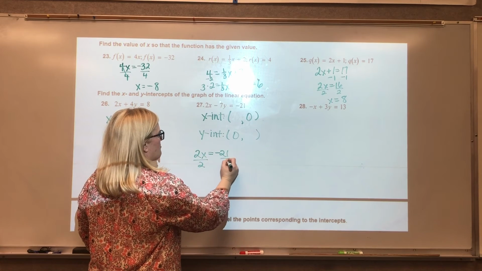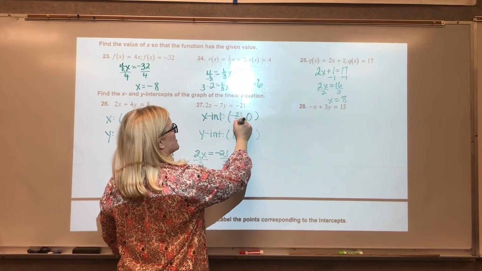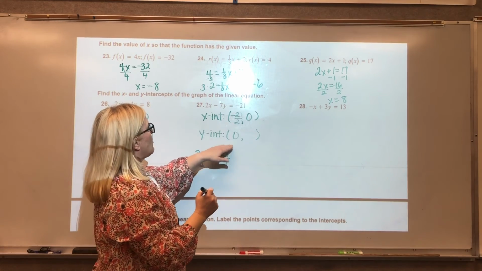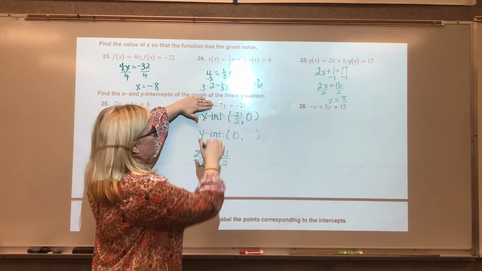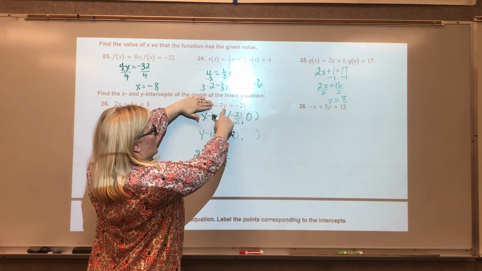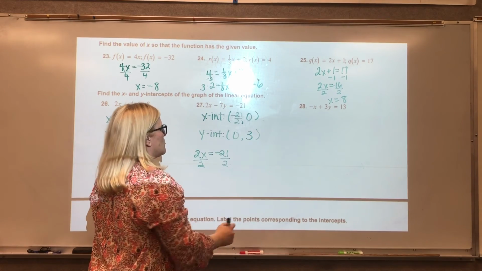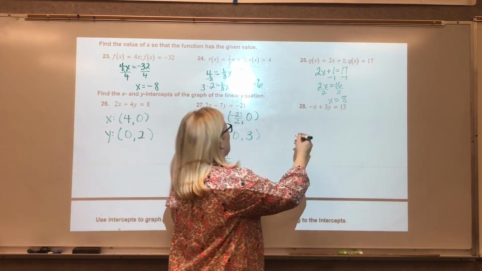I divide that by 2, and I get negative 21 halves. And if I plug in 0 for x, I have negative 7y equals negative 21. Y is going to equal 3. So those are my intercepts for that one.